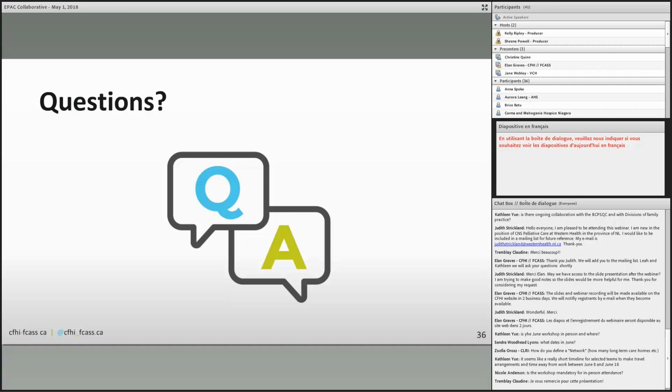We also have a question and a comment that the timeline for selected teams in terms of travel arrangements is short. Yes, it is short, but this is the planning for this collaborative. We have a question also around the workshop. Is it mandatory for in-person attendance?